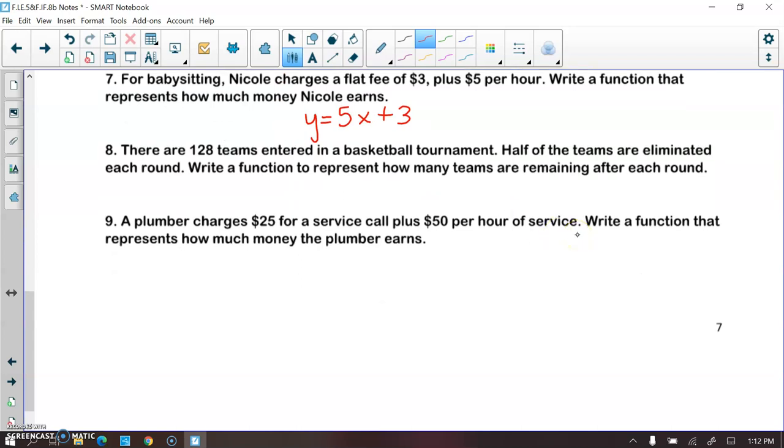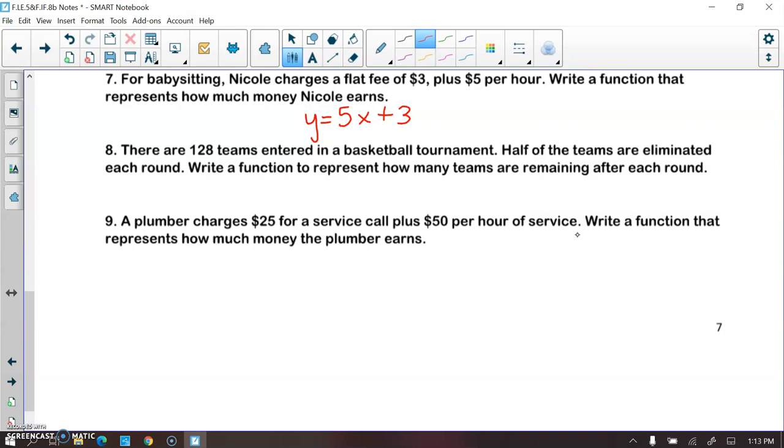Number 8, there are 128 teams entered in a basketball tournament. Half of the teams are eliminated each round. So I start with 128 teams, and after round 1, I'm down to 64 teams. After round 2, I'm down to 32 teams.